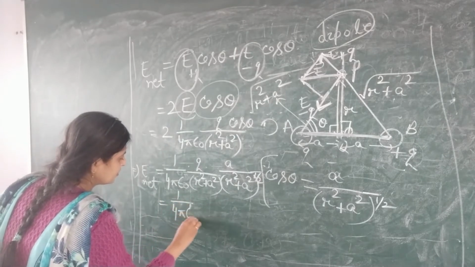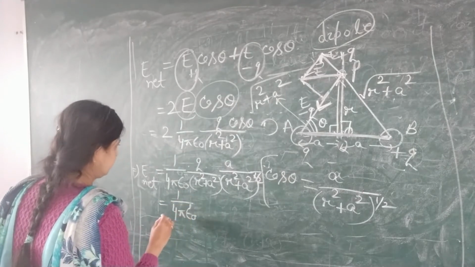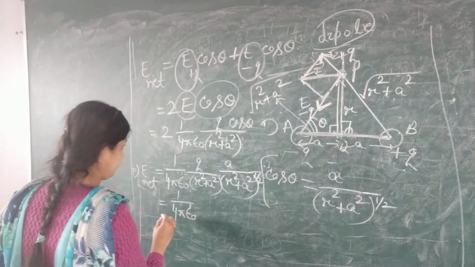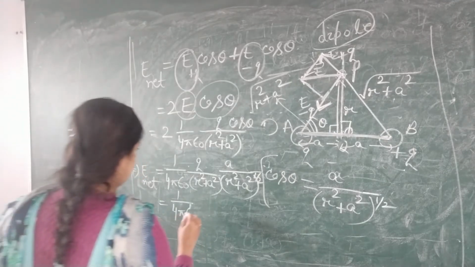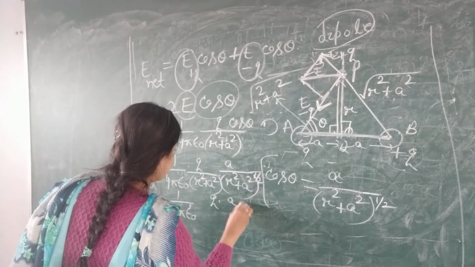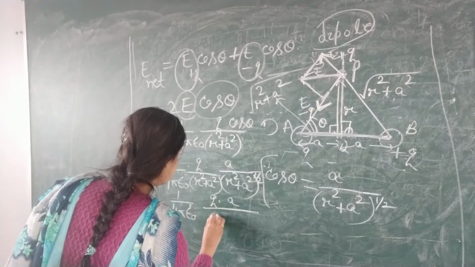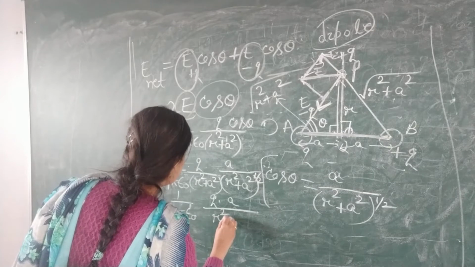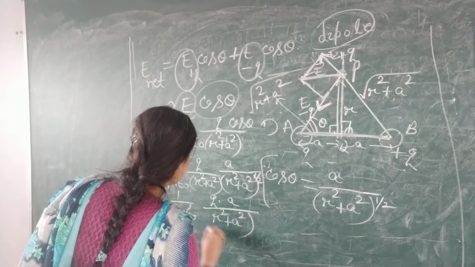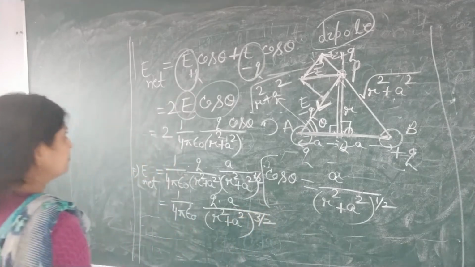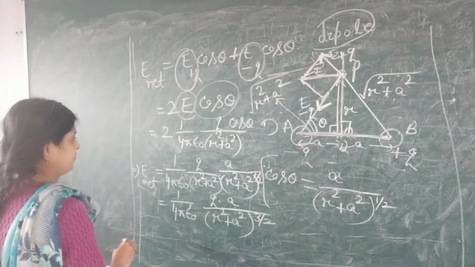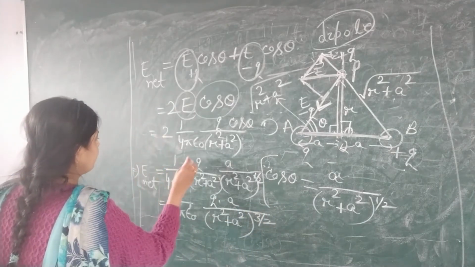That is equal to 1 by 4 pi epsilon naught q into a divided by r square plus a square power 3 by 2, into 2.